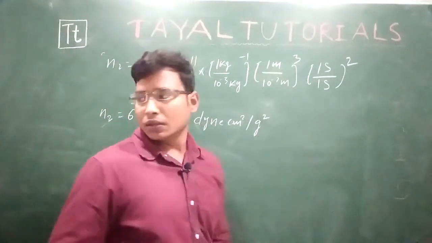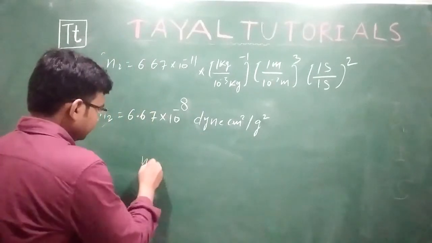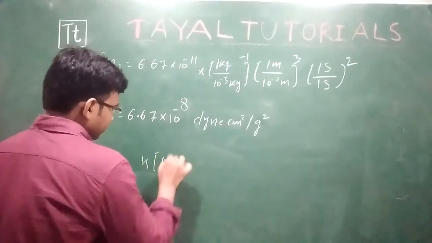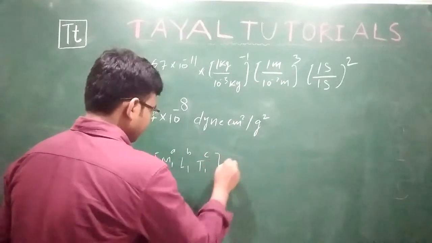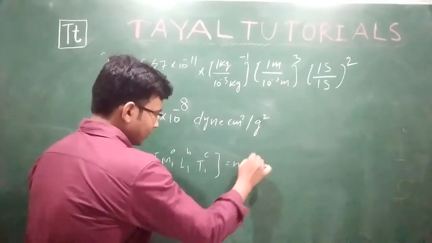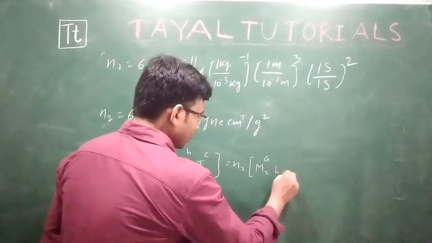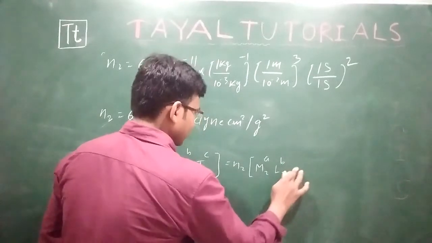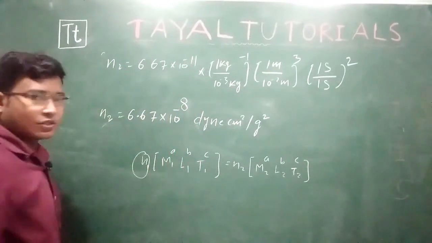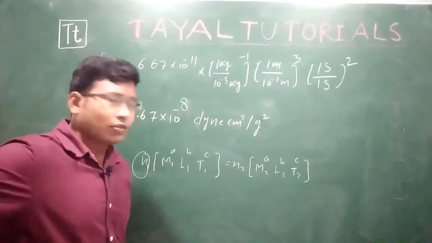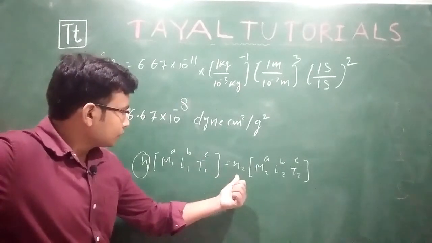Let's continue. Equation number 1 was n1 m1 to the power a, l1 to the power b, t1 to the power c is equal to n2 m2 to the power a, l2 to the power b, t2 to the power c. n1 they have given, 6.67 into 10 to the power minus 11, the value of G in SI unit, and they have asked n2 in CGS unit.